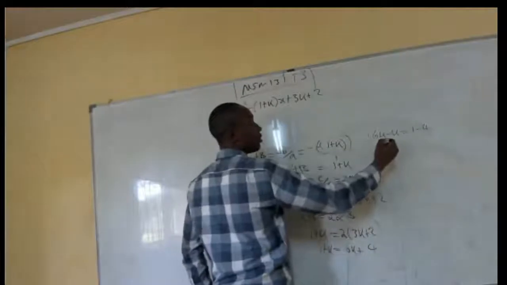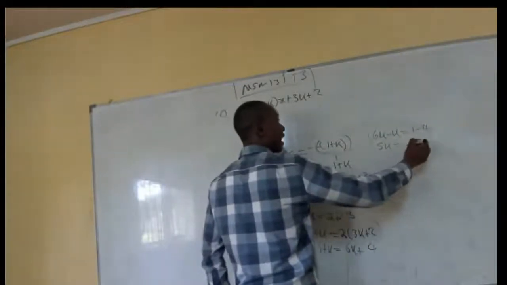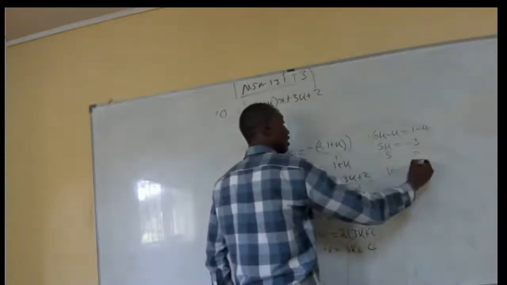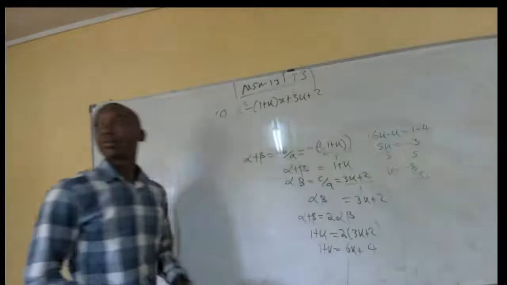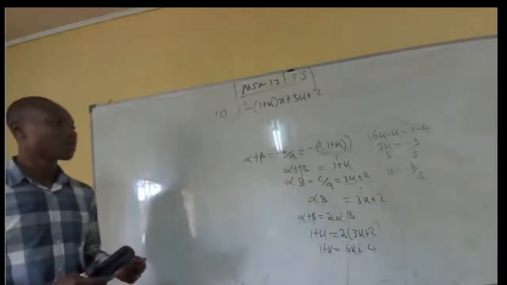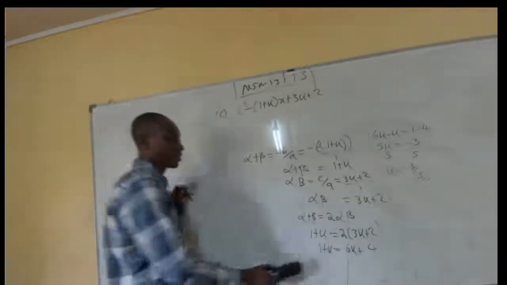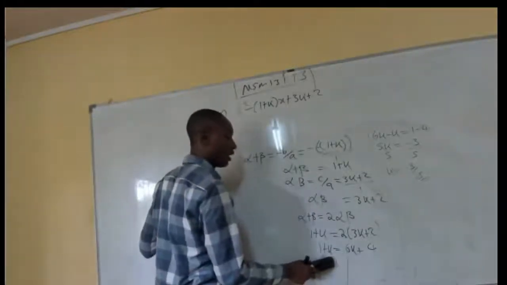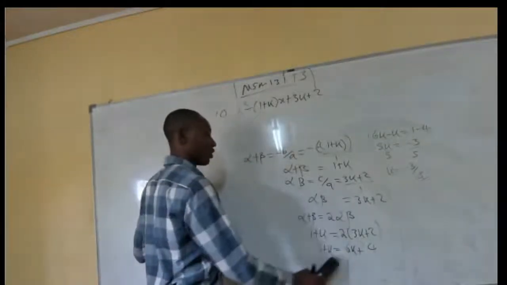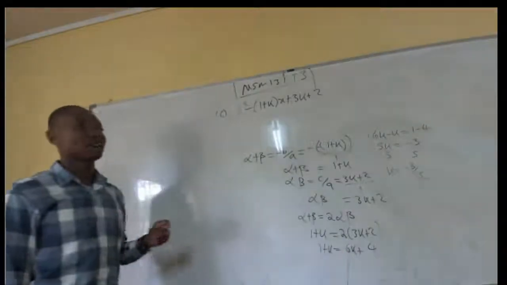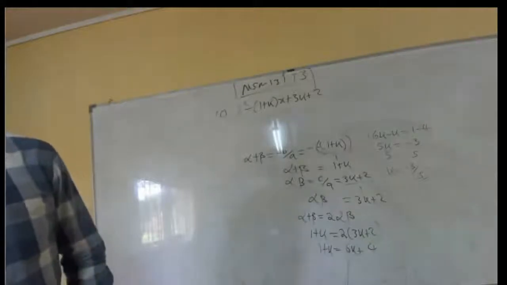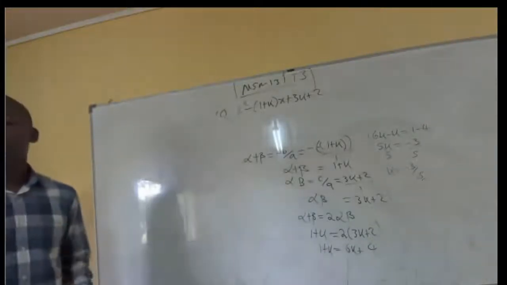Then we have 5k is equal to negative 3, so k is negative 3 over 5. All I did was 6k minus k is 5k, and 1 minus 4 is negative 3, so the answer is negative 3 over 5.